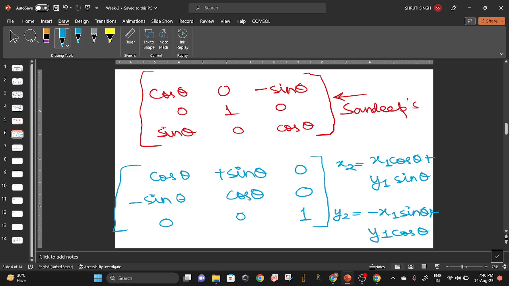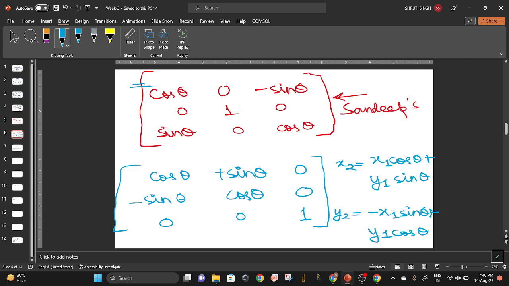After z comes x, so similarly after y should come z. So when we are rotating about y-axis, it will affect the z-axis in the same fashion as the z-axis rotation was affecting the x axis. Okay, I got your point. So you are telling this should be the answer. Yes, ma'am.